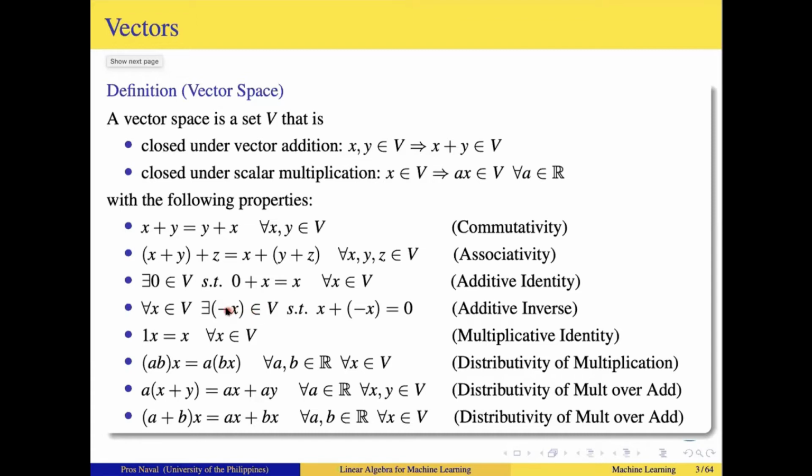Then we have the existence of an additive inverse. This means that for any vector, there is another vector that, when added to the first, will produce a zero vector. Multiplicative identity. This property means that multiplying a vector by 1 leaves it unchanged. Distributivity of multiplication. This means that for two scalars and a vector, the order by which you multiply them does not matter.